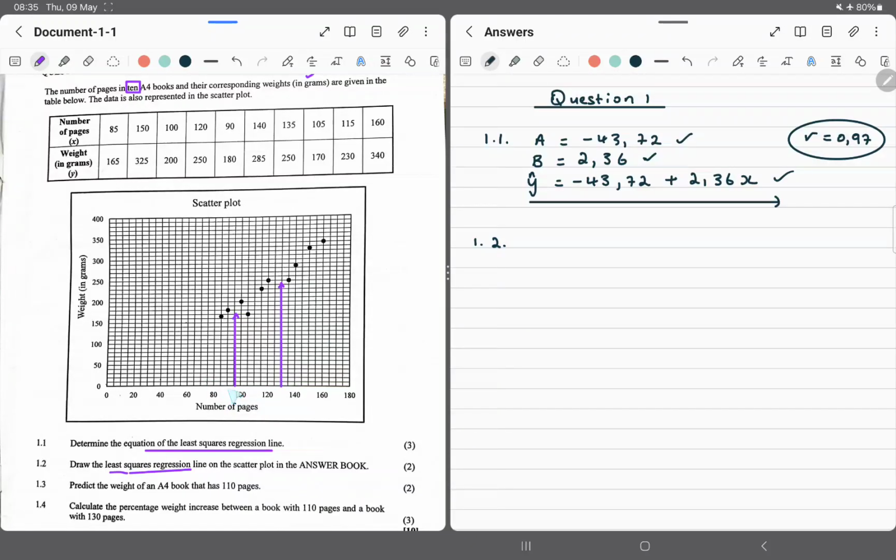Now, I can see there that I'm going in 5s: 5, 10, 15, 20, because that's 20 divided by 4. So if this is 100, this is 95. Let's just substitute 95 into our equation and see. Minus 43.72 plus 2.36 times 95. That gives us 180.48.